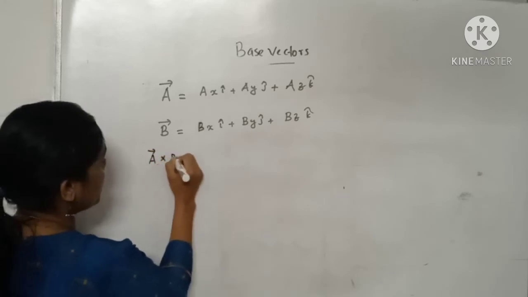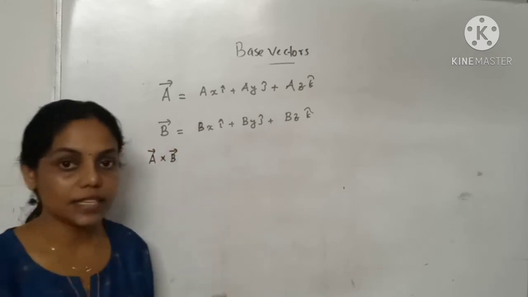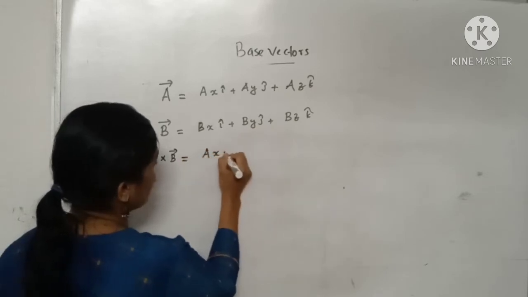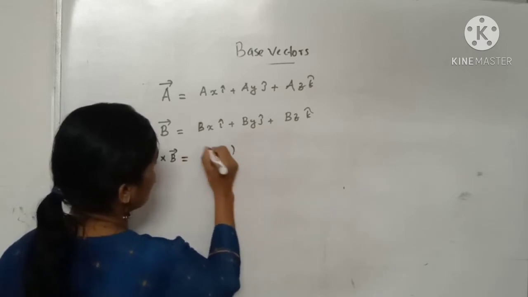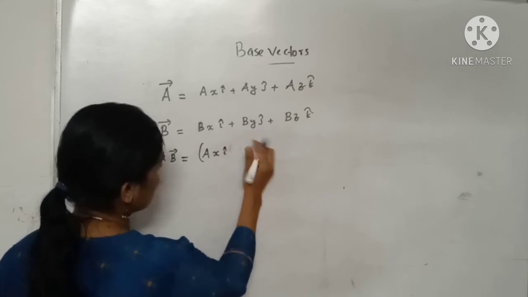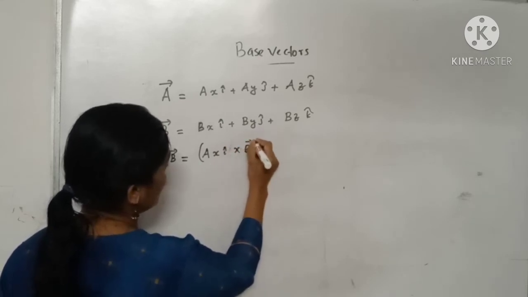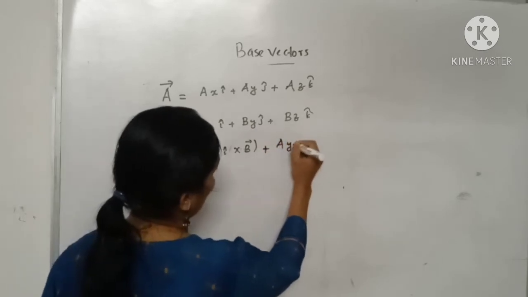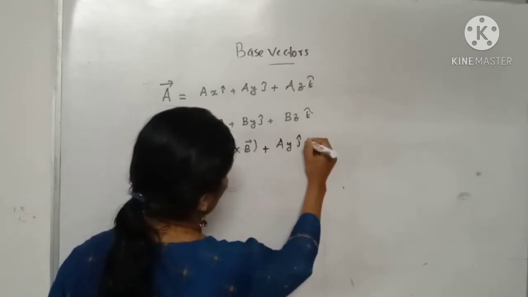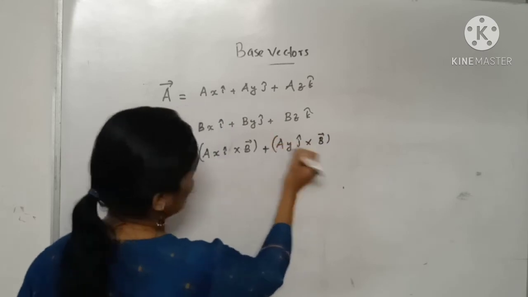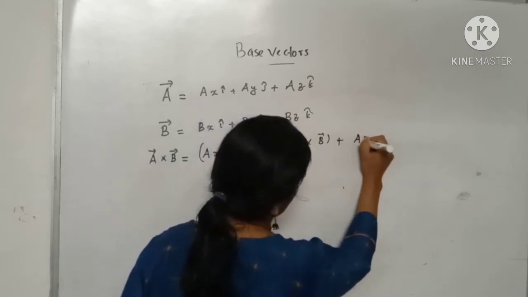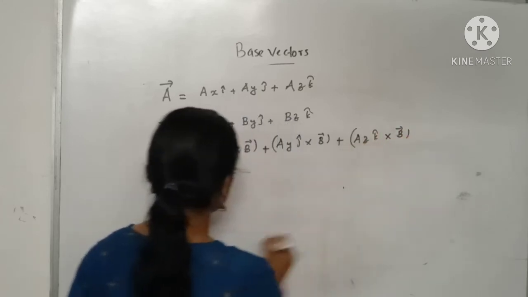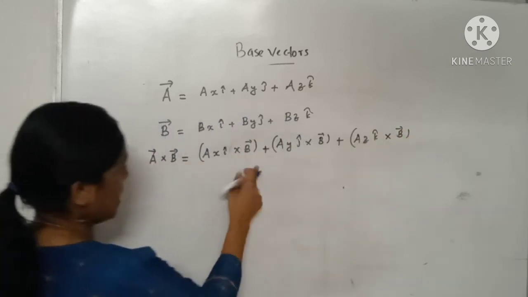So we have to find A cross B. So let us find AX i cap cross the vector B plus AY j cap cross B vector plus AZ k cap cross the vector B. So what is AX i cross B?